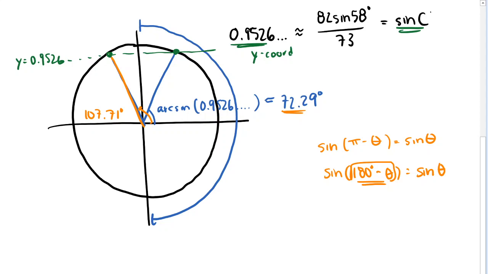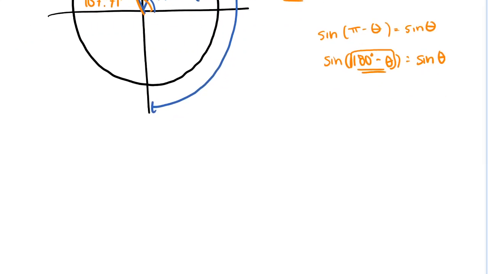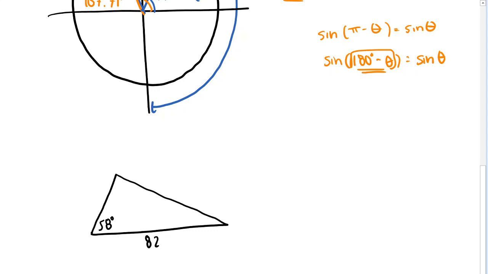And so if we try and fit this into a triangle with the same information we were given at the start, this is 58 degrees, this is 82 as a side length. What we end up with is this angle C being 107.71 degrees.